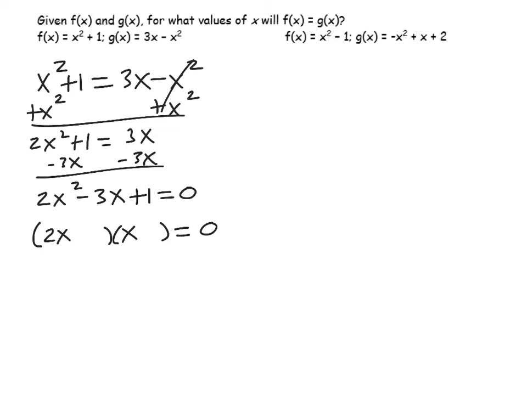This one's factorable. I put a -1 there and a -1 there. Think about the outer and the inner. If I were to FOIL those, that would be -2x and another -x.